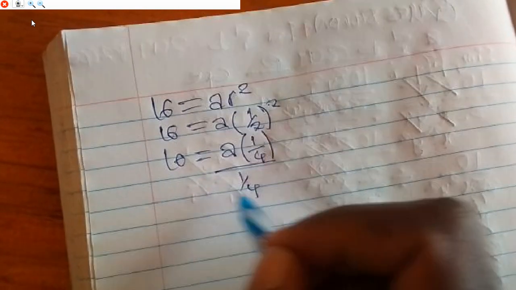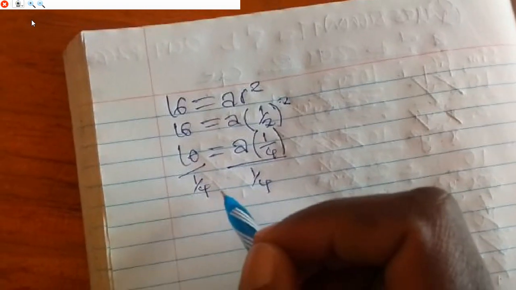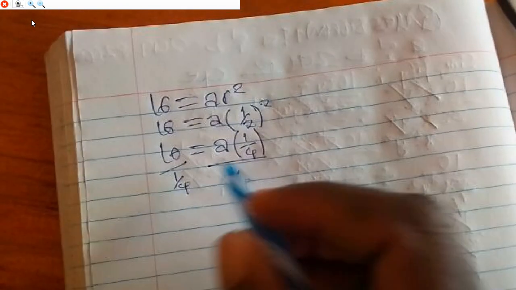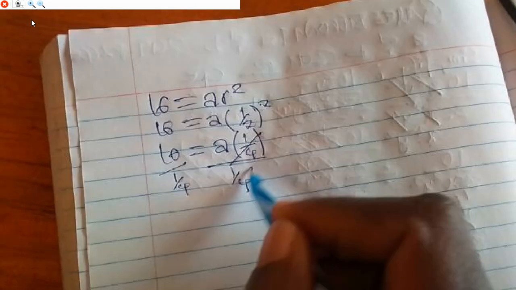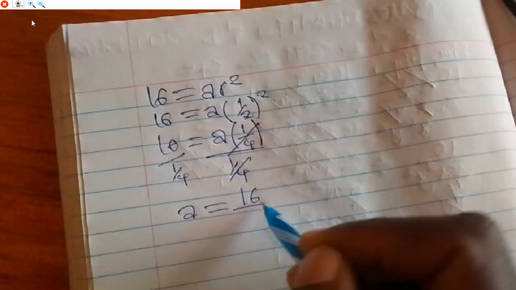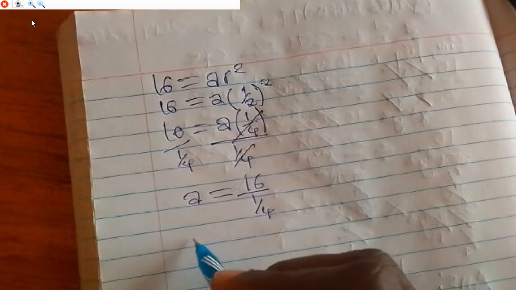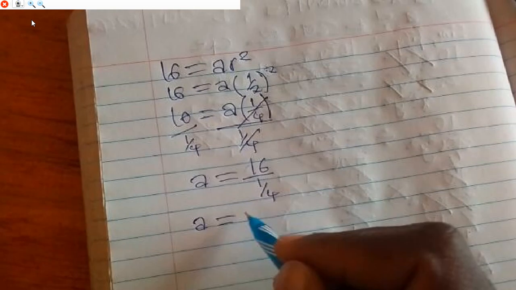You shouldn't be surprised by this kind of math. You cancel this and this goes, then A is equal to 16 over 1 over 4. This means A is equal to 16 divided by 1 over 4.